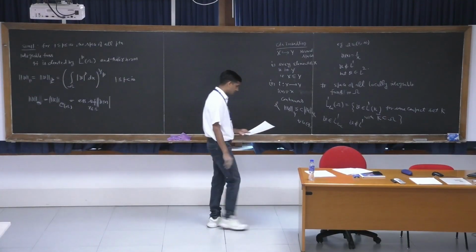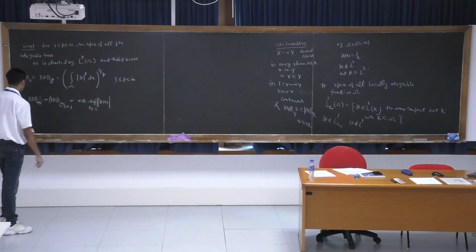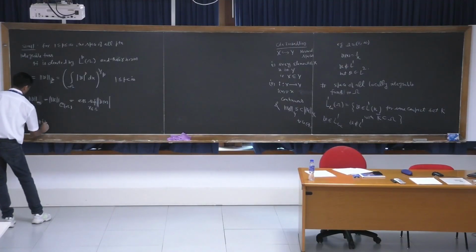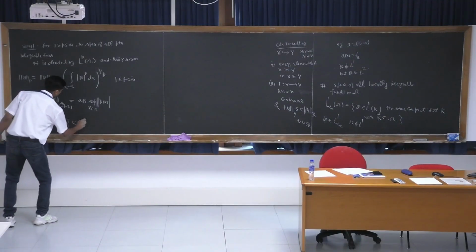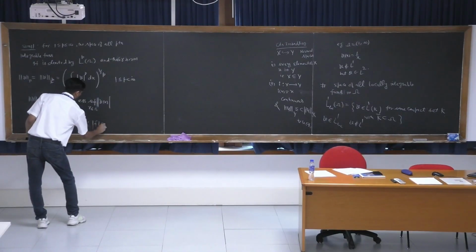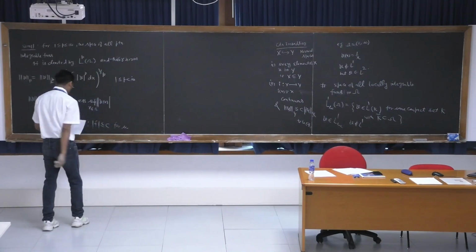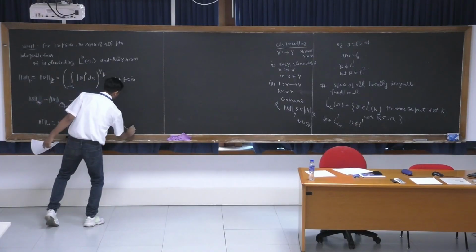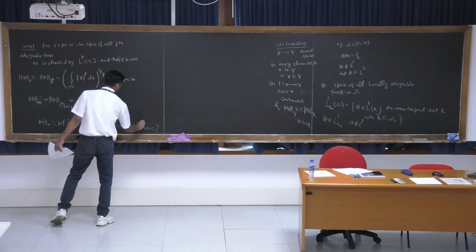You already know what the essential norm is. If you want to define it, the essential norm of f, the L infinity norm, is the infimum of all c greater than or equal to 0 such that the modulus of f is less than or equal to c for mu almost every x.